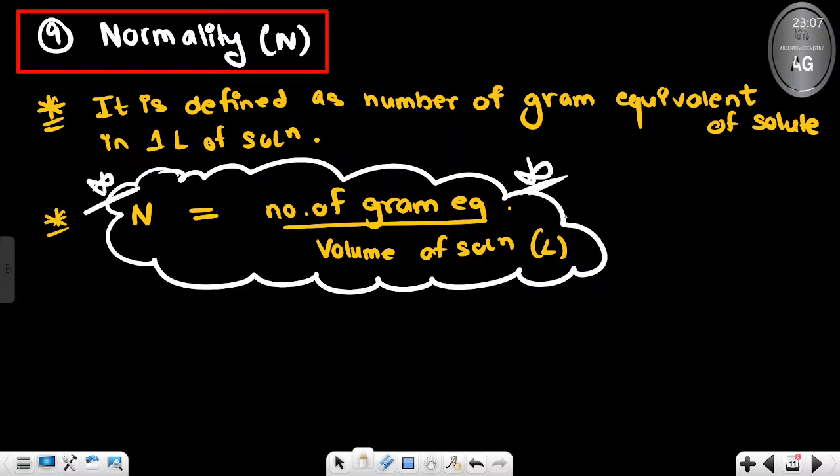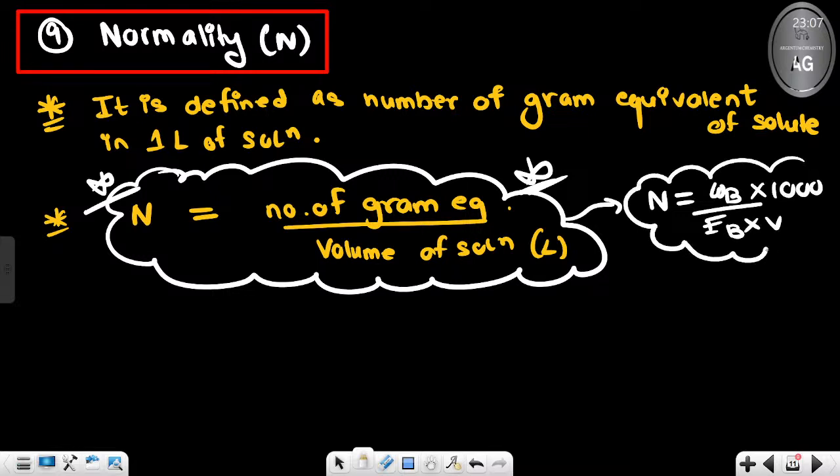I can expand this and write N equals number of gram equivalent, which we just calculated to be the given weight divided by equivalent weight of B, into volume into 1000, right? So this is another formula which you can derive from here. Nothing very difficult to derive, right? Clear? Okay.